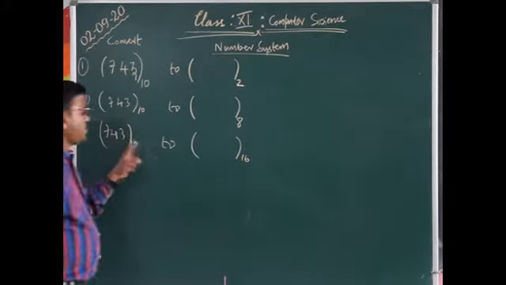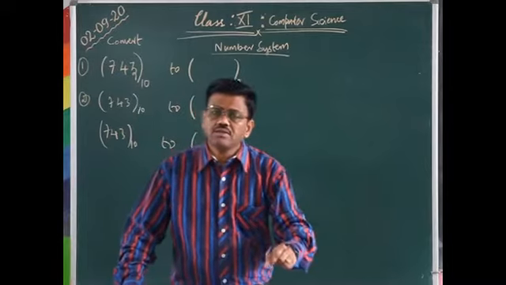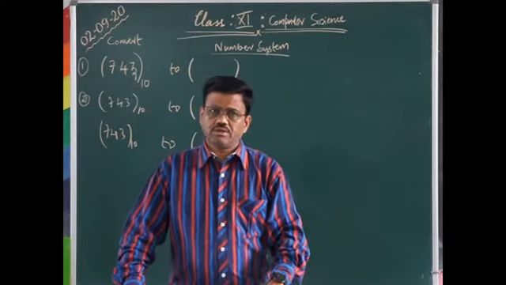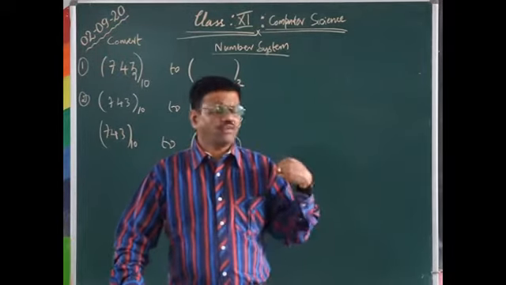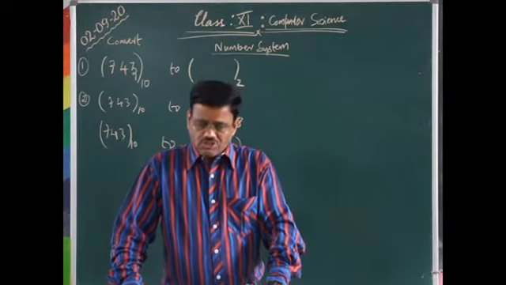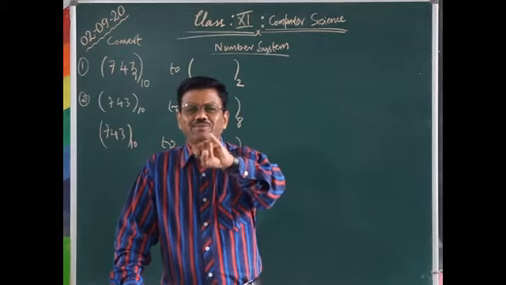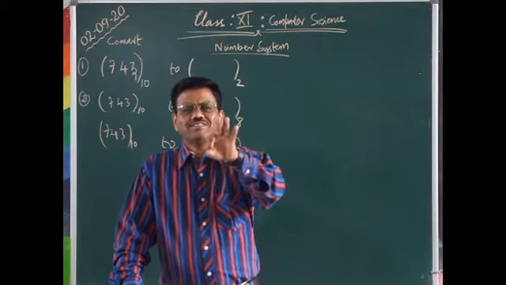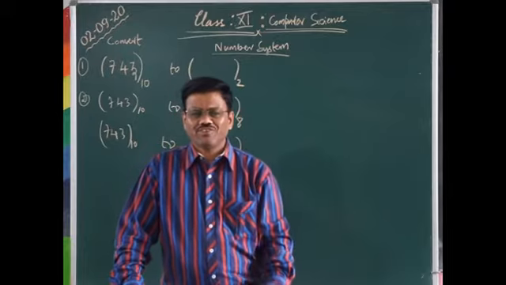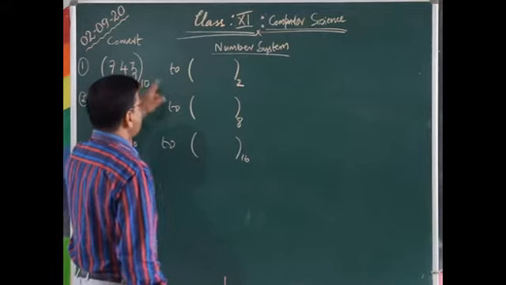Similarly, keep dividing 743 by 16 till you get less than 16. This is quite a simple process. As I told you, you need to be familiar with the 2 table, 8 table, 10 table and 16 table. Let's revise. How do I do this?